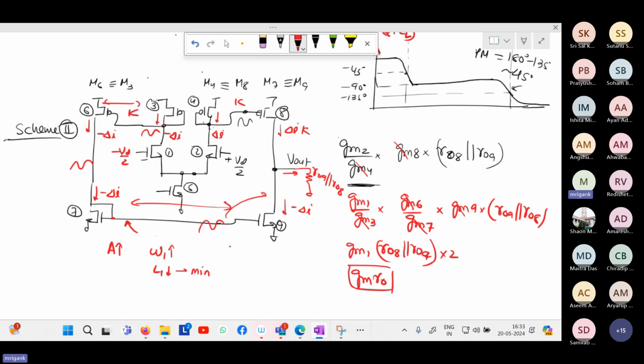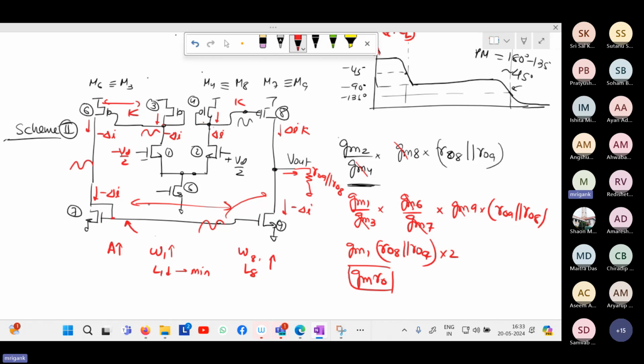But for the output stage, I will keep W8 and L8 both high so that the RO is higher. The same thing applies for the other side also. M9 also needs to be increased, RO of M9 should also be increased, so for that M9's W and L should also be increased.